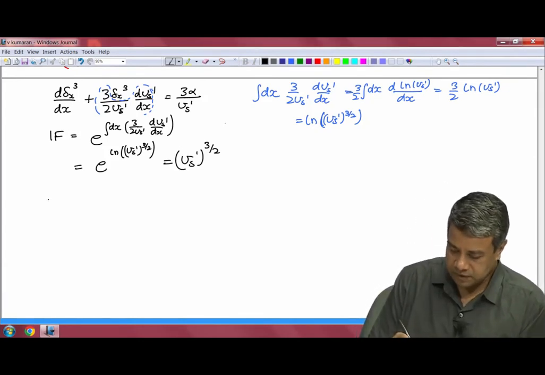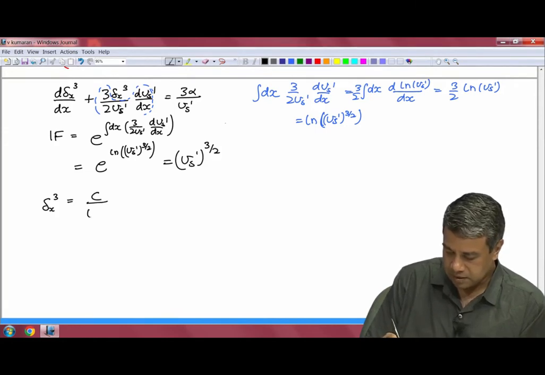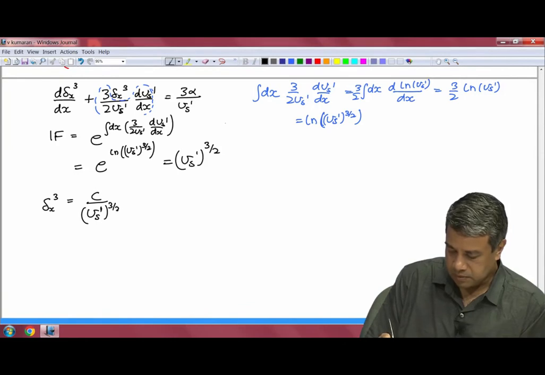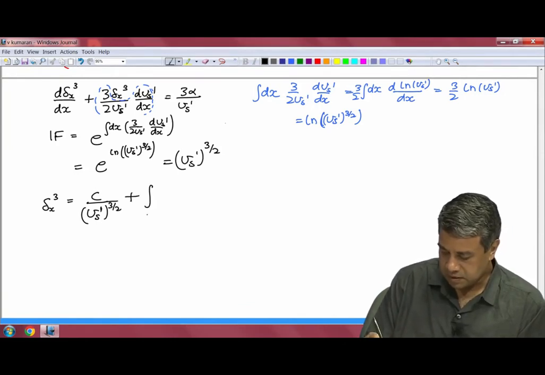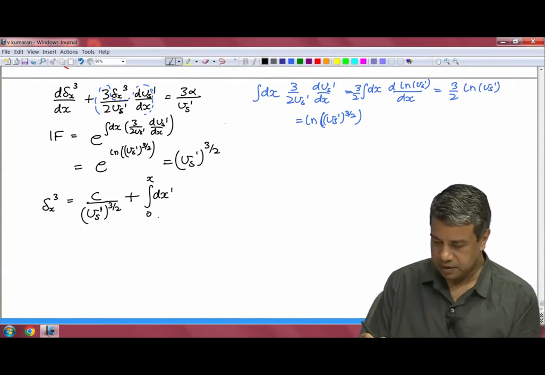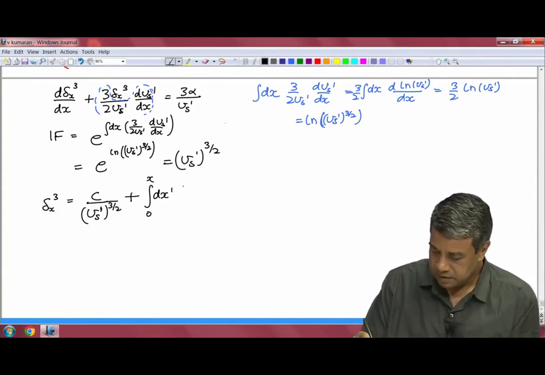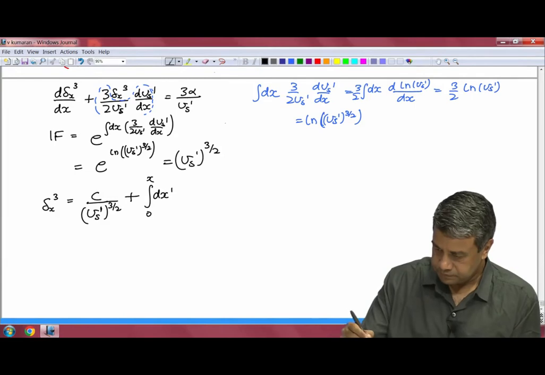Therefore, the solution for delta x cubed is equal to constant by Vs prime whole power 3 by 2 plus integral 0 to x dx prime of, I should have 1 over the integrating factor here.